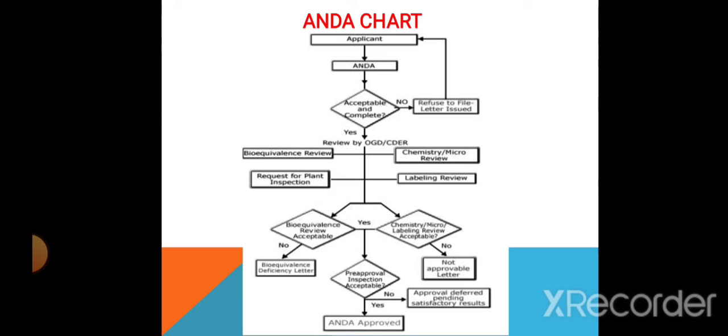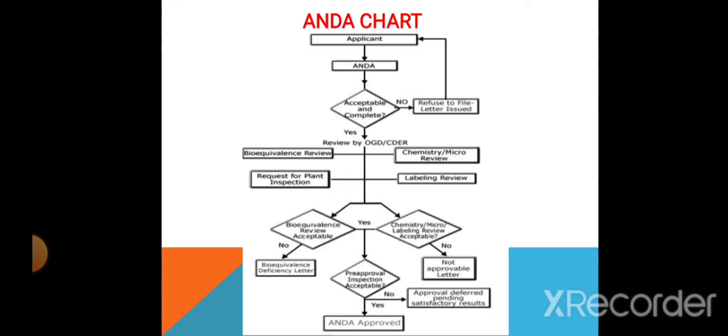After the review is completed, the department requests plant inspection, meaning they come to the site where the product is being manufactured or the study is being carried out, and also labeling review. Labeling review means the label claim which we have given on the label. Then bioequivalence review acceptable, and chemistry, micro, labeling review acceptable.